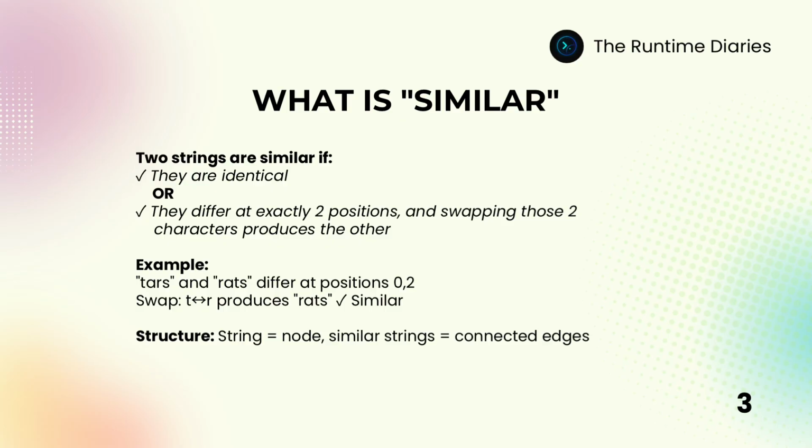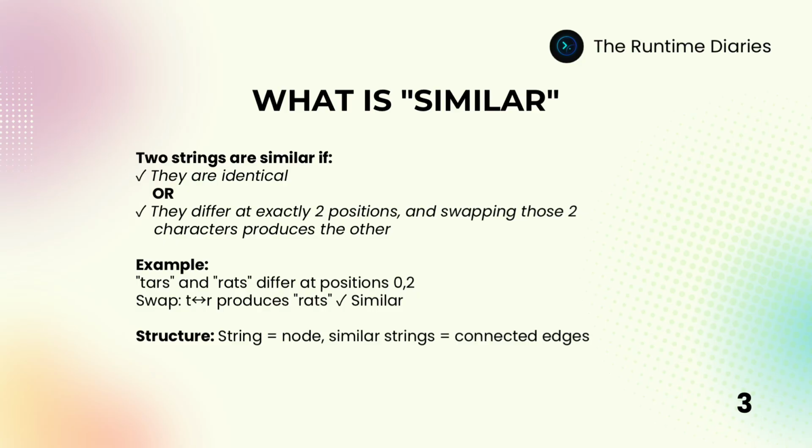Wait, that's not right. Let me think about this differently. Actually, for the swap condition to work, tars at position 0 must equal rats at position 2, and tars at position 2 must equal rats at position 0. Tars of 0 is T, rats of 2 is T. They match.